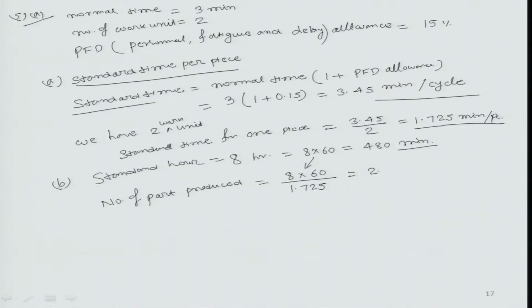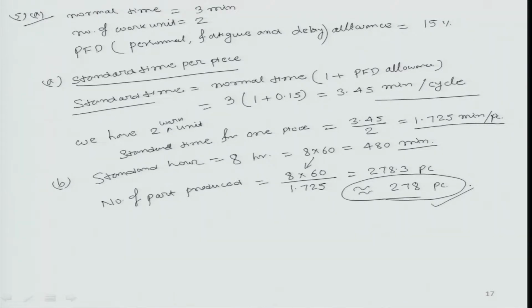This is equal to 278.3 pieces, equivalent to 278 pieces. So this is the number of parts that will be produced in one day for the given circumstances.